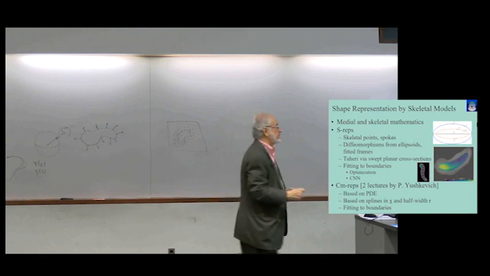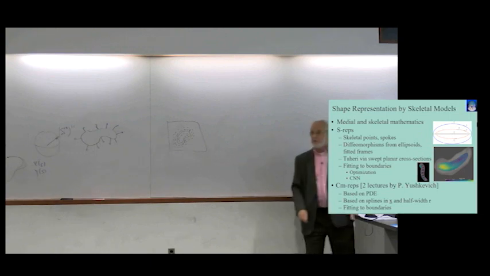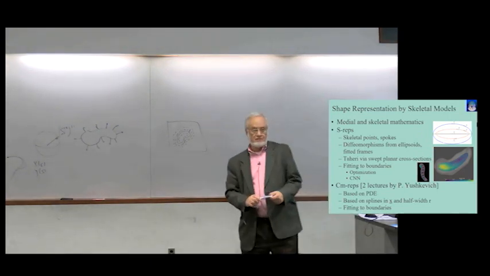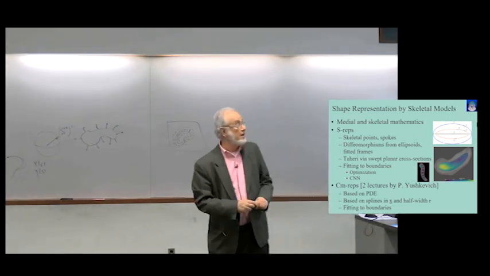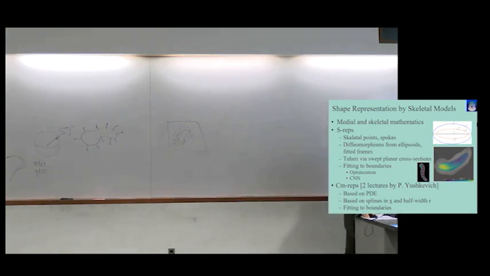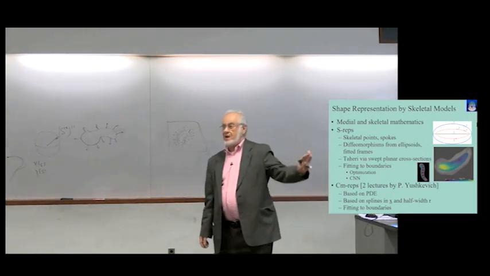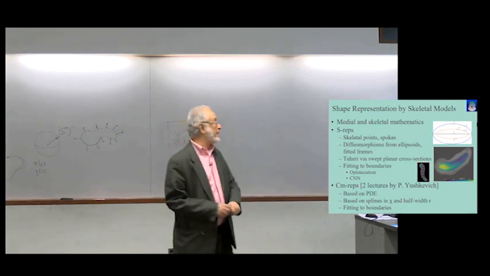And for every point on the skeleton, you have a vector that goes from the skeleton out to the boundary. We call such a thing a spoke. And the length of the spoke is the half width of the object. The coloring in this particular diagram is an indication of how wide the hippocampus is at that position.